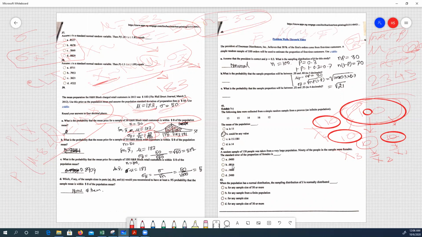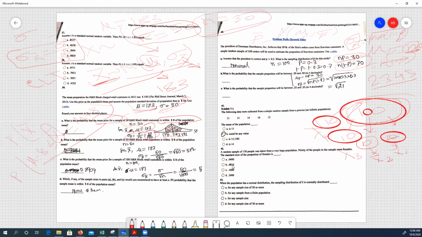Okay. So similarly, what is the sampling distribution for p bar? To determine whether the sampling distribution for the proportion will be normal or not, you have to calculate these two numbers, n times p and n times 1 minus p. So n times p here is 0.3 times 100, which is 30, and 1 minus p is 1 minus 0.3, which is 0.7 times 100, which is 70.